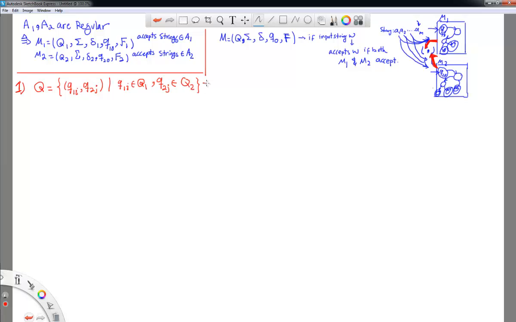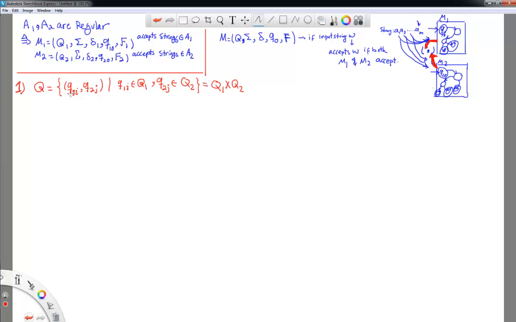In other words, Q is the cross product of Q sub 1 and Q sub 2. So each of the states in Q is an ordered pair, a binary tuple of states from machine 1 and machine 2.